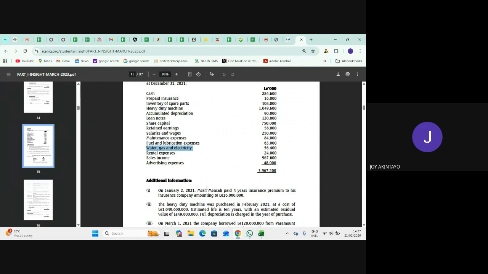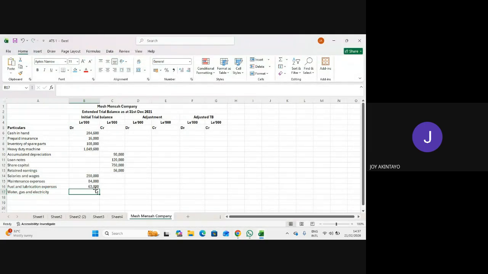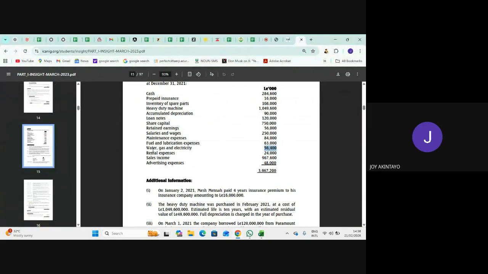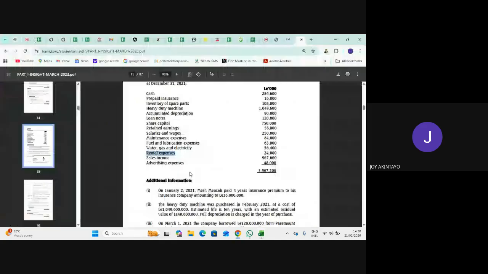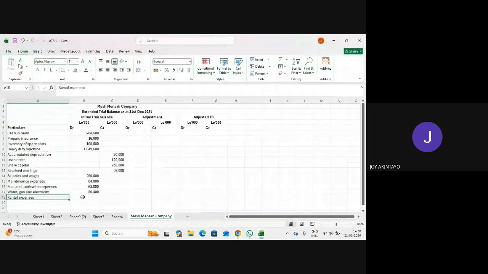It will always be on the debit side. Why? Then rent expense. Where are we putting it? Debit side or credit? Debit side. It will always be on the debit side.